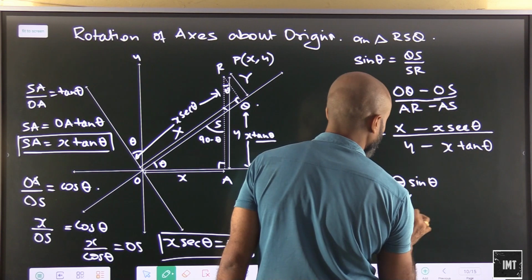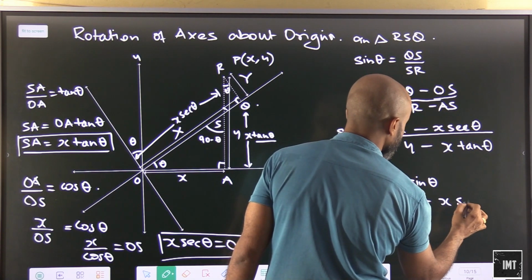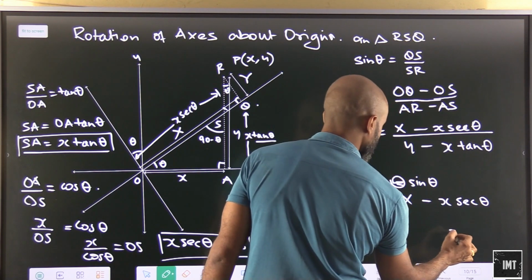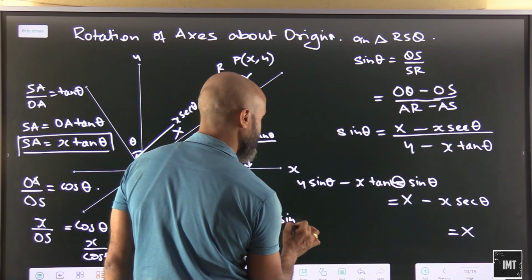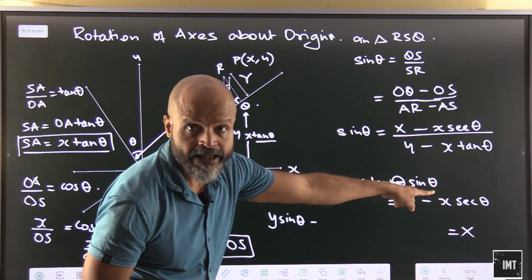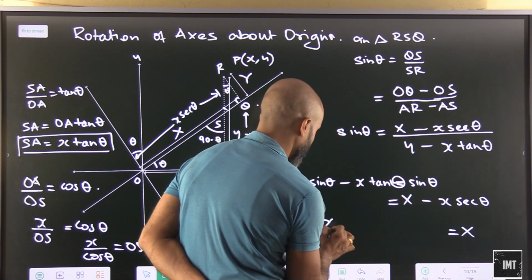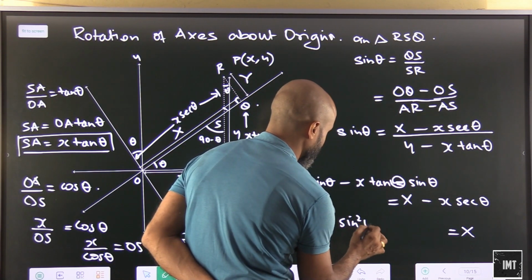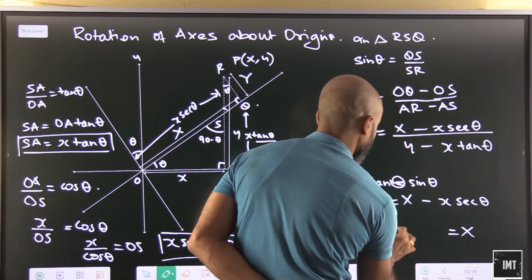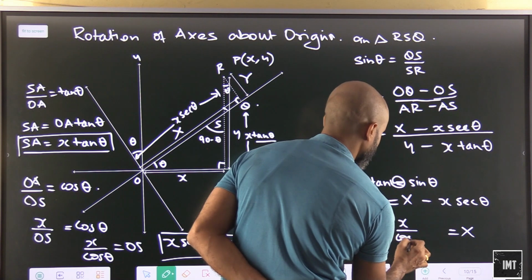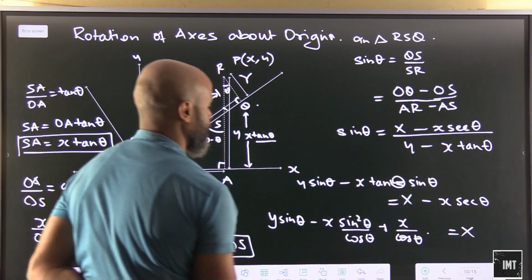This is equal to capital X minus x sec theta. So capital X is going to be y sin theta minus x tan theta sin theta, which will be x sin square theta by cos theta plus x by cos theta. X sec theta means x by cos theta.